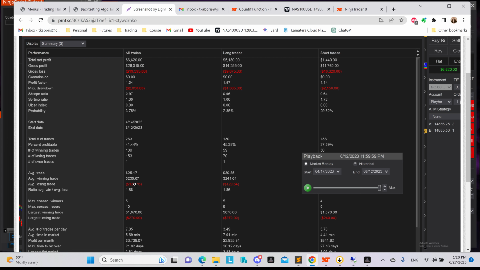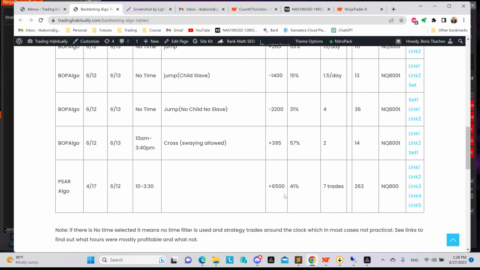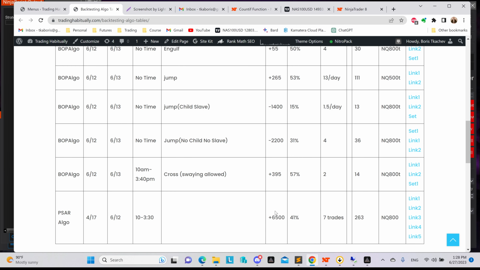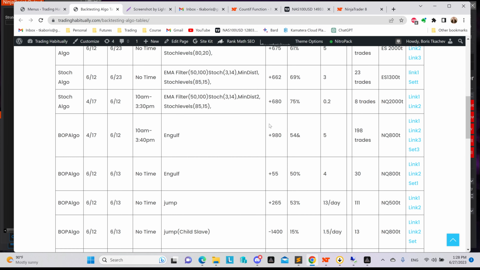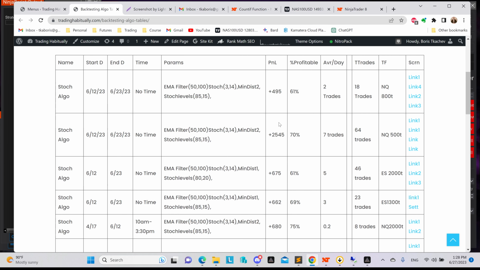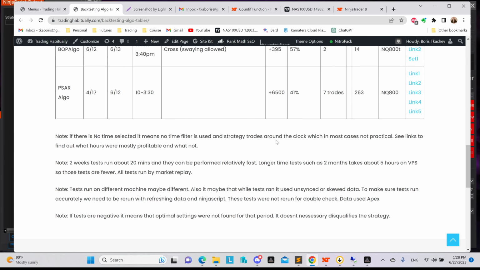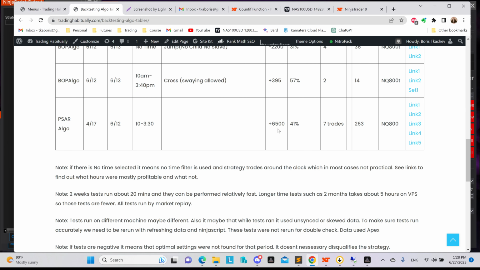That's what the Parabolic SAR does. And you see the total net profit is 600, which is way better than the other tests, which are scalpers. But this one is not a scalper, it seems.